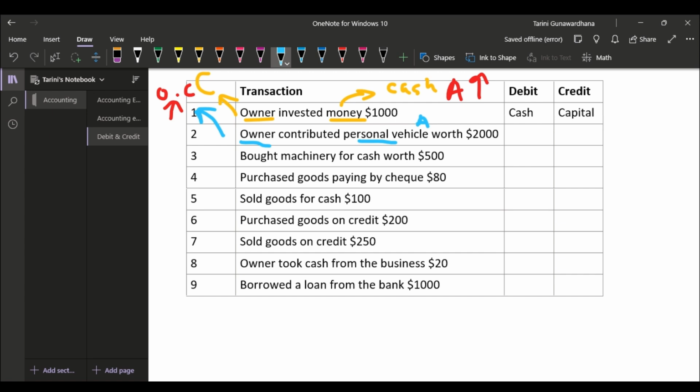When the owner introduces a motor vehicle, yes, owner's contribution increases. So when capital increases, it's a credit. I'll say capital. Motor vehicle is introduced, assets increase. So here we have the motor vehicle account being debited. I'll say vehicle.